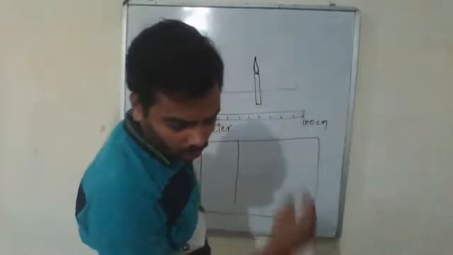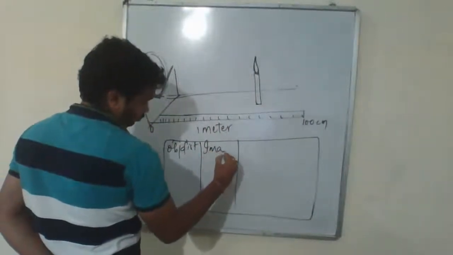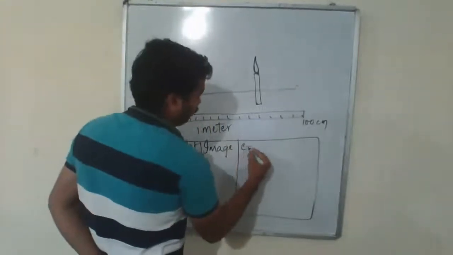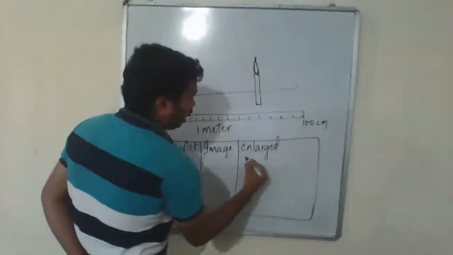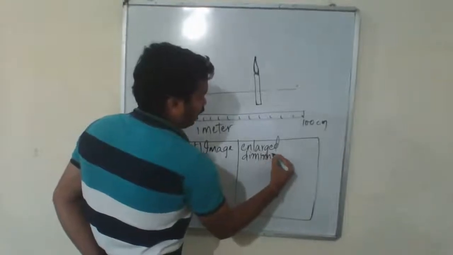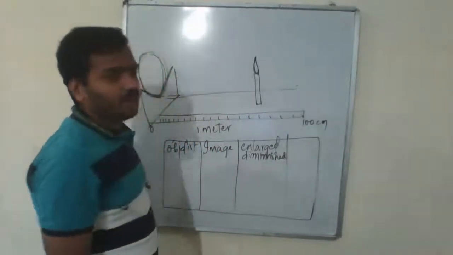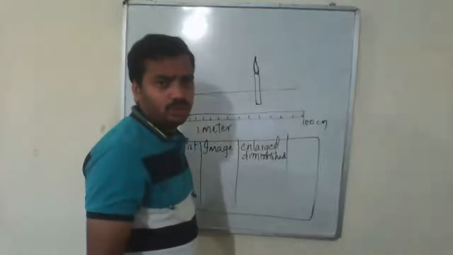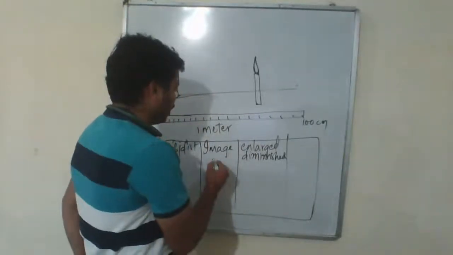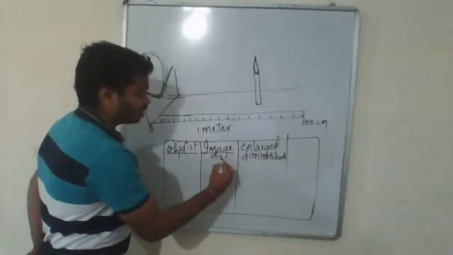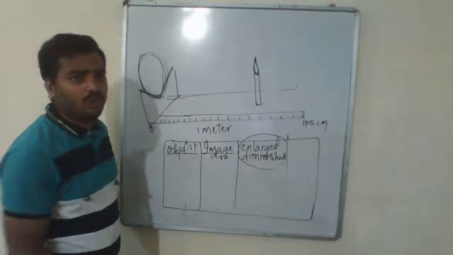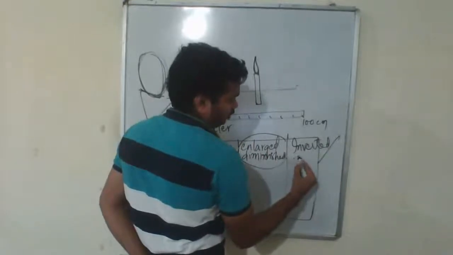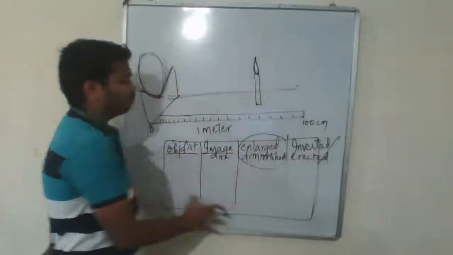Also note where the image is formed. Next, whether it is enlarged or diminished, that is, the size of the image, and the nature of the image, we are also observing. Here we write object distance, image distance, enlarged or diminished, inverted or erect. So all these we are going to observe through this activity.